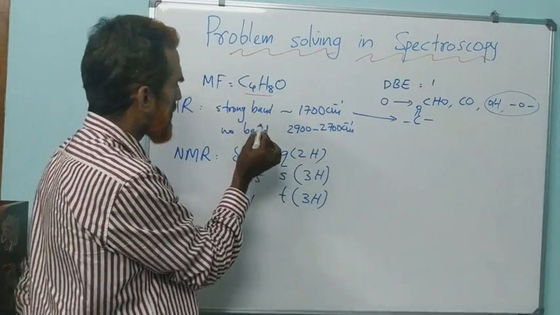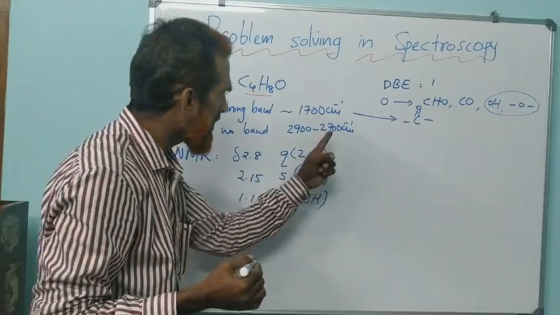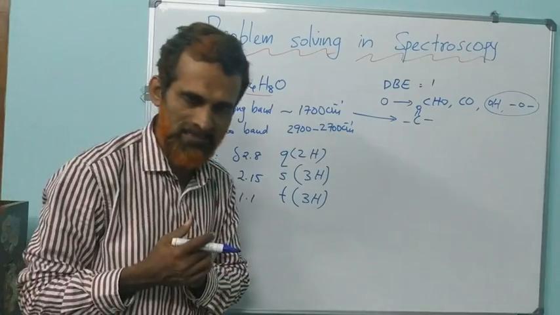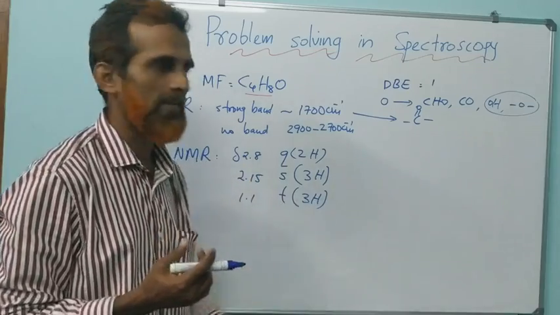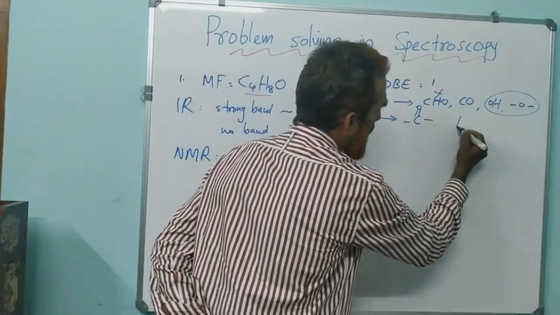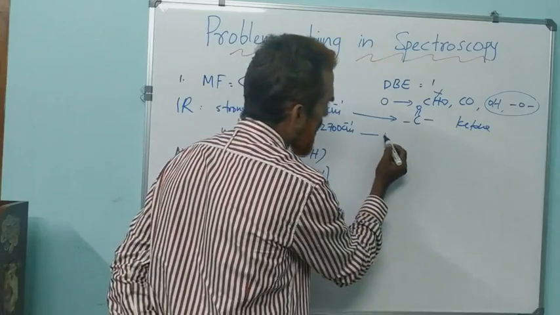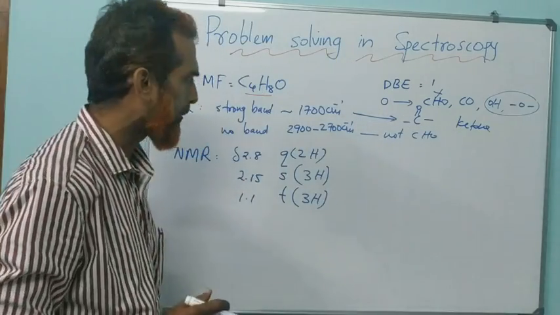Now, no band in this range 2900 to 2700. What does it mean? It is not an aldehyde, because an aldehyde is characterized by 2 peaks around 2700 and 2800. So the compound is a ketone. We should interpret each data. So we fixed the functional group.